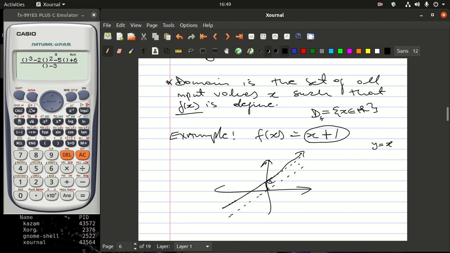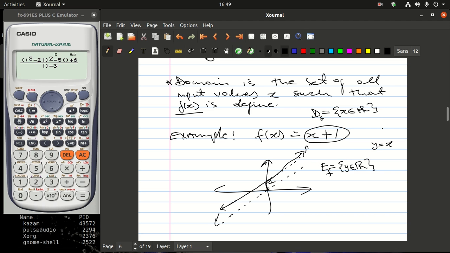So this is what it's supposed to look like. But if you look, this goes up to positive infinity, this goes down to negative infinity, so it's taking all the values, it's defined everywhere. So our range E is going to be the set of all real numbers y. So in this case we're still going to have that.